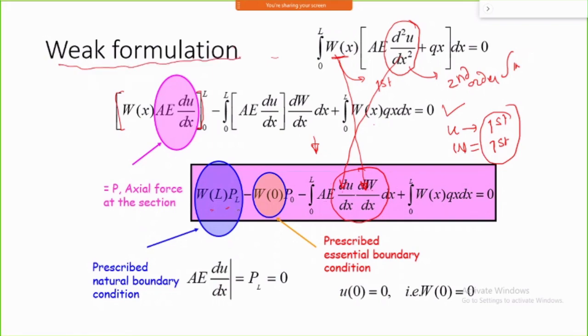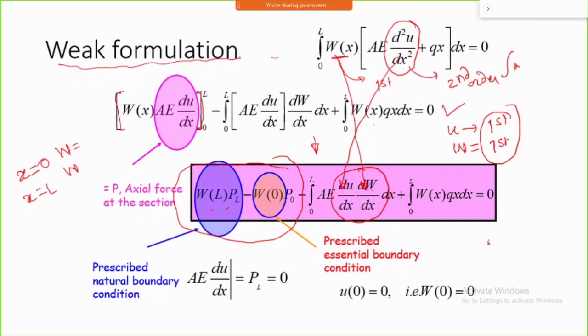Along with this weak formulation, one more advantage we get: we need not think of applying the boundary conditions. On the left side of this part of the equation, you can observe there is something like W of L, PL, where at x equal to 0 and x equal to L we are determining W values. So these values are already there in the function, and we need not worry about it at all. It should satisfy something, and directly you can use that function. That is what is called prescribed natural boundary conditions, and another is essential boundary conditions. So why are there two different names?